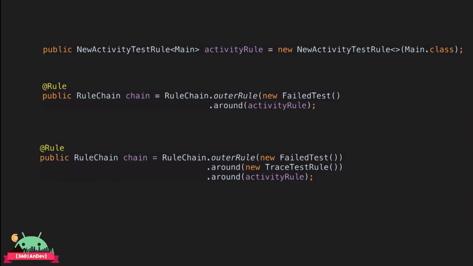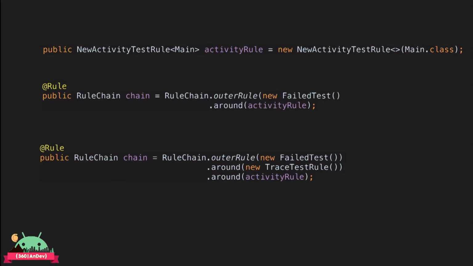And let's recap a little bit. So we have this activity rule, and I can create my rule chain with the other rule that's the failed test. That means that when something happens, I want to take a screenshot, and around the activity rule.